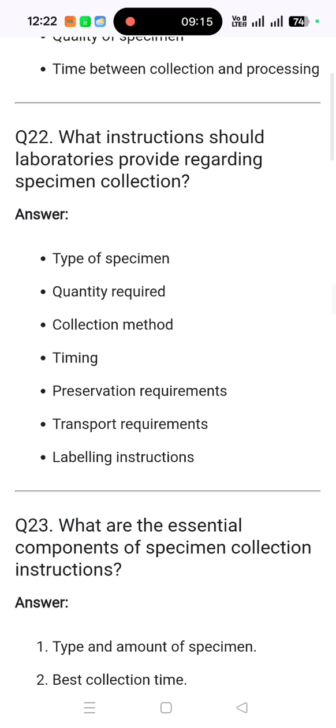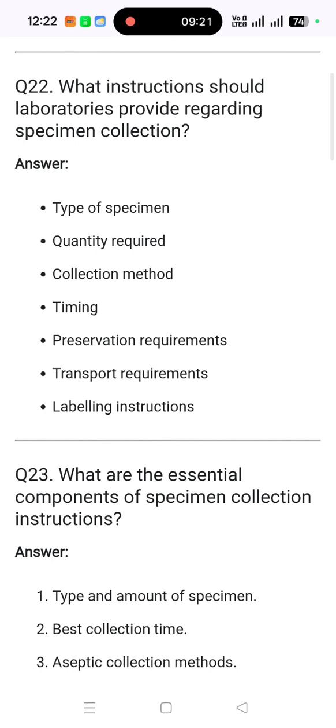What instructions should laboratories provide regarding specimen collection? Type of specimen, quantity required, collection method, timing, preservation requirement, transport requirement, and labeling instructions. So regarding the specimen collection, you should instruct what type of specimen, because you only know what specimen you want, then how much quantity you want, because you have to use it for different tests.